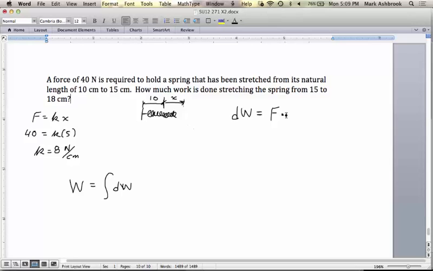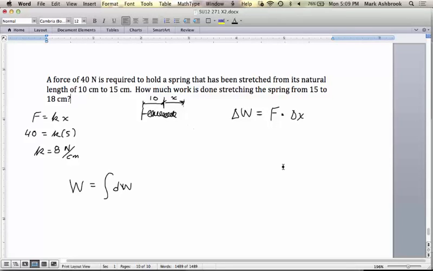So we just want a small change in the length of the spring, which we'll call delta x, right? So to get a little bit of work, this should be delta w, sorry.